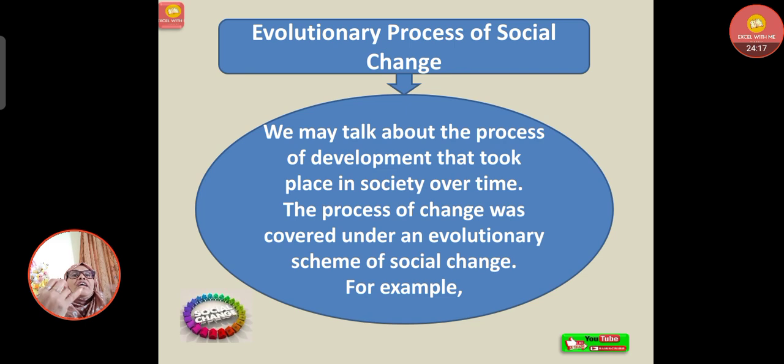For example, if you have to understand the social change in India in evolutionary terms, you may do so in terms of evolution from the pre-Vedic period to the Vedic and post-Vedic period, to the pre-Mughal period, then to Mughal and post-Mughal period, then pre-British period to British and post-British period, and now in contemporary times from the post-independence period to the end of the 20th century.